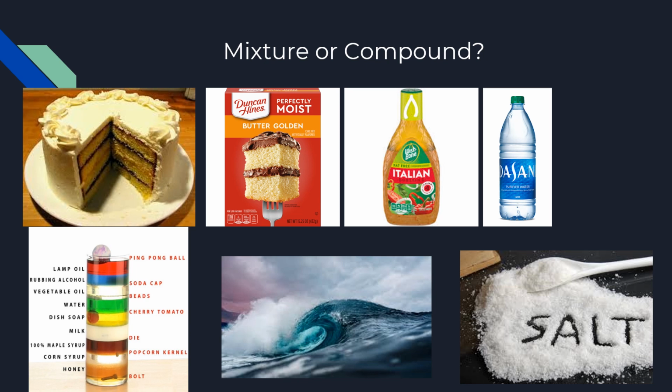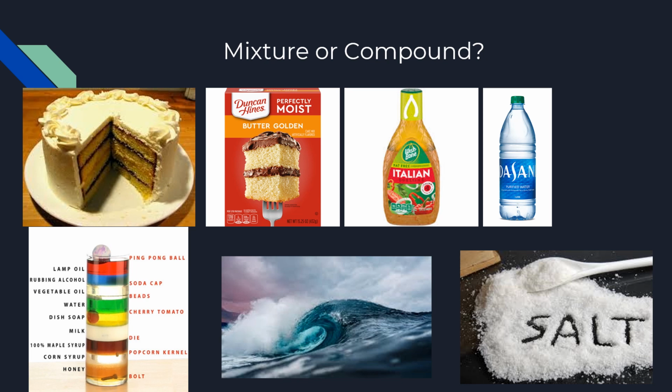We have our little diagram with the different things in it with densities and all of that fun stuff that keep them separated. We have seawater and then we have salt. So which is going to be a mixture and which is going to be a compound? If we have cake, is that going to be a mixture or a compound?